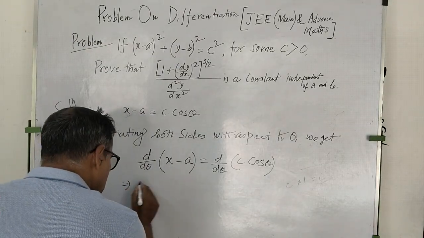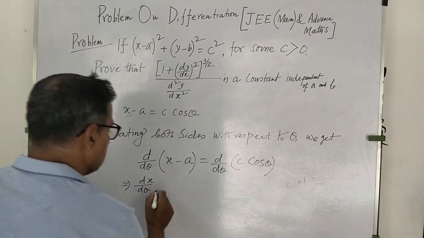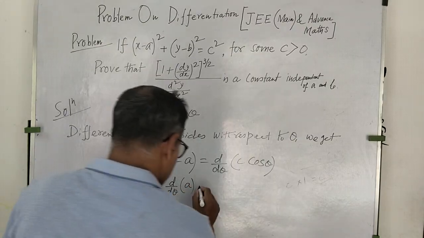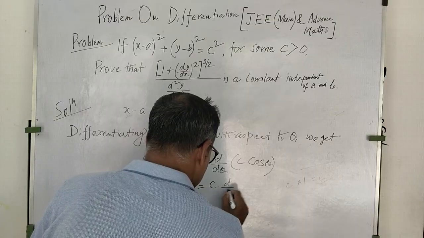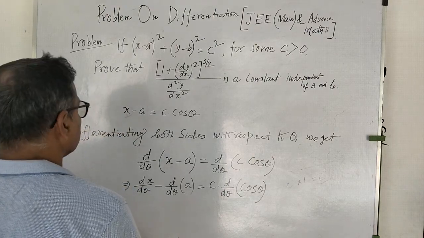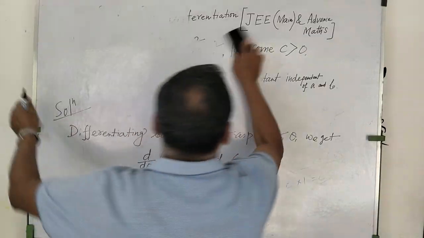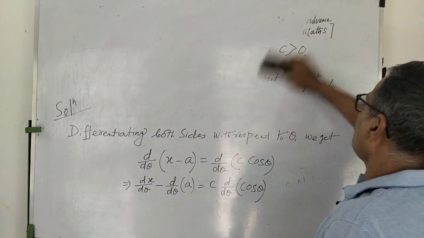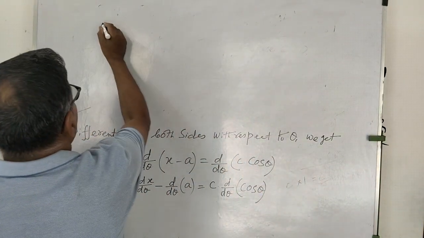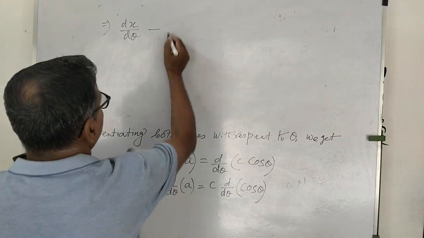Now this is dx/dθ − d/dθ of a equals c times d/dθ of cos θ. That is dx/dθ − 0, why?